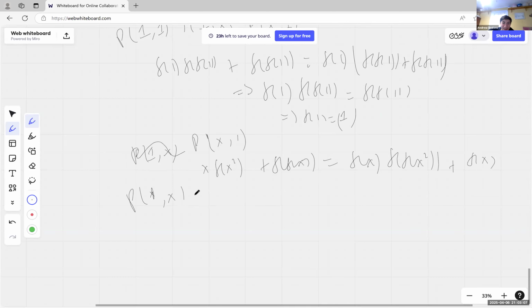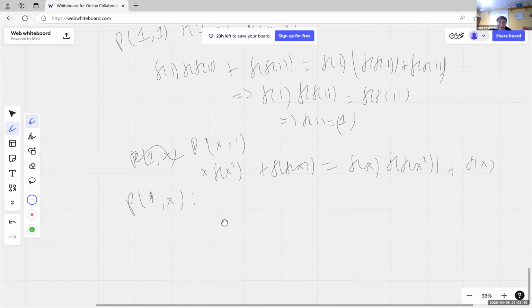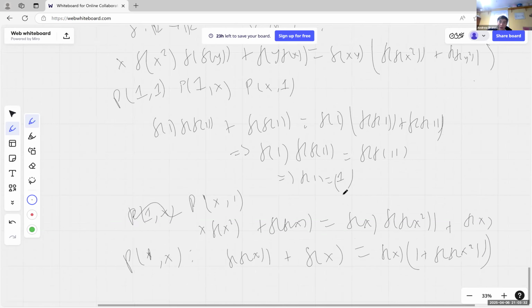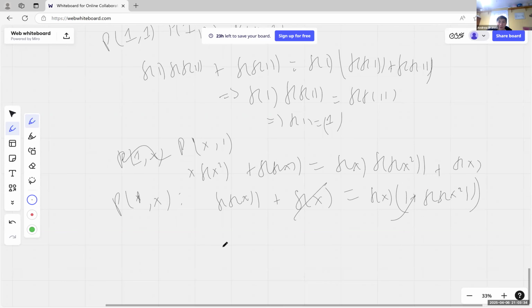And then P(1,x) gives you f(x) times 1 times f(1) plus f(x) times f(1) is equal to f(x) times (1 + f(x^2)). And this cancels out, so you get f(x) is equal to f(x) f(x^2).